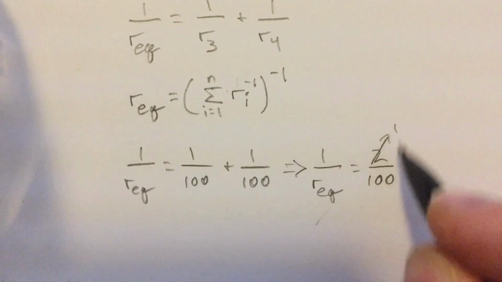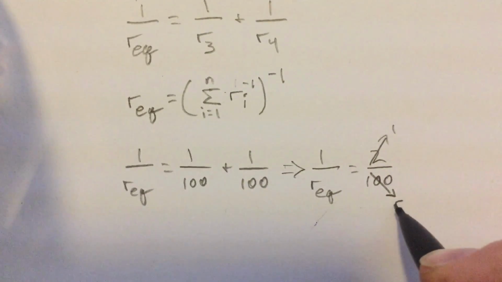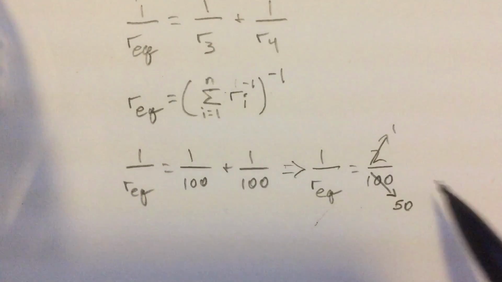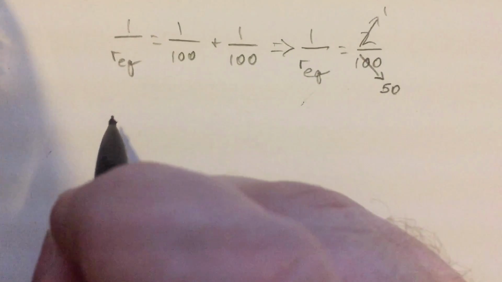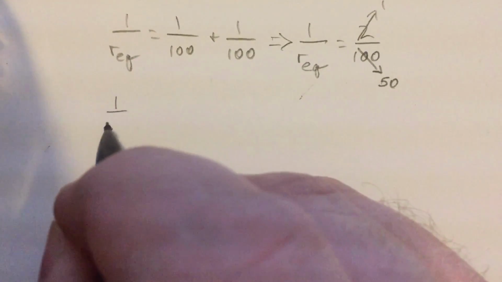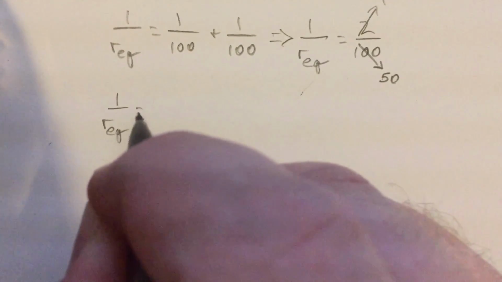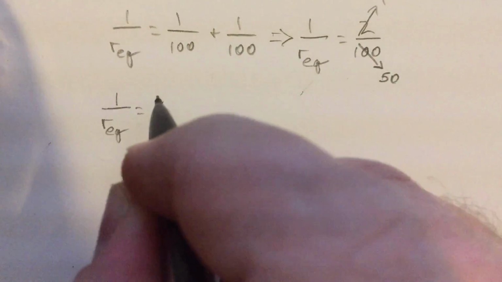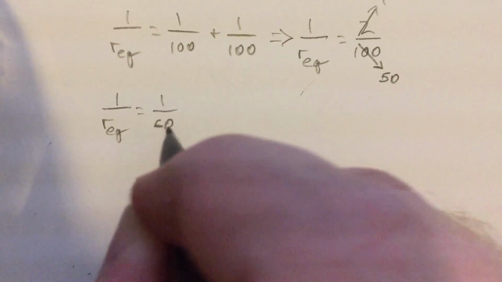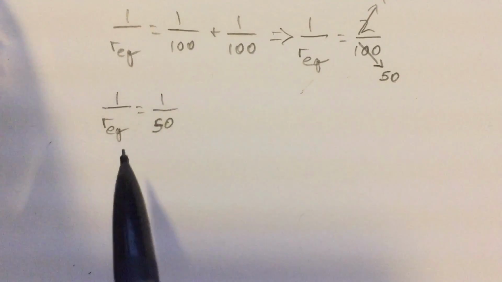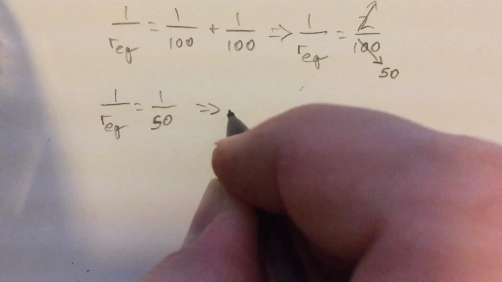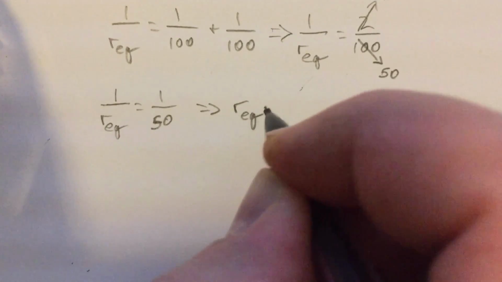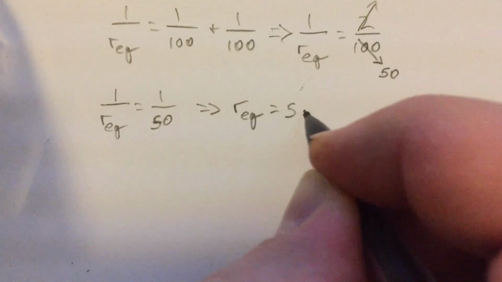So that becomes 1, that becomes 50. And, oh look, we can just say now 1 over resistive equivalence is 1 over 50. Well, that would imply that the resistive equivalence is 50. Equals 50.